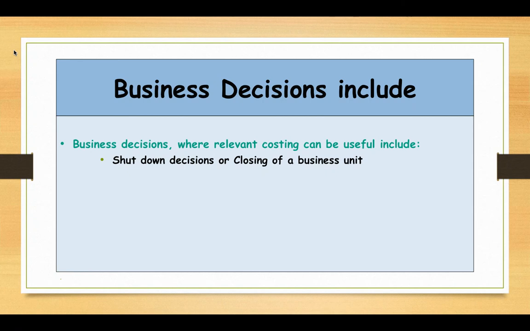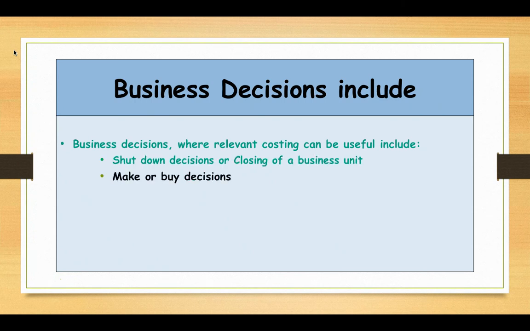So if by closing that division they can save, for example, £10,000, and the revenue they're going to lose is, for example, £3,000 from that division, obviously it's better to close that division because the cost savings is more than the revenue they're going to get from that division.